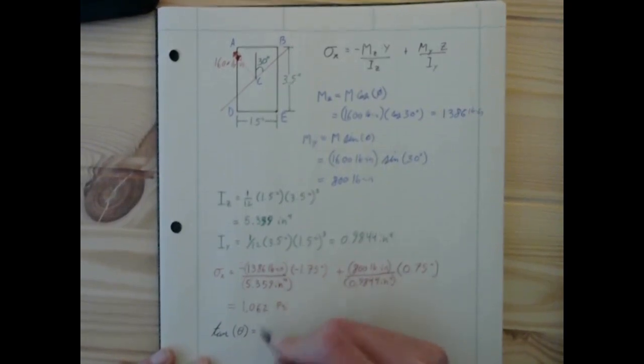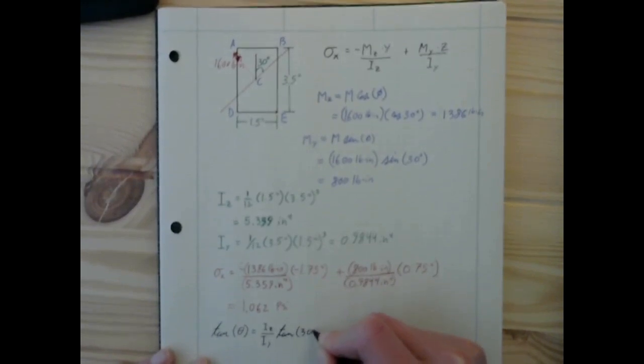I don't really care about y over z. I care about it being I of z over I of y, times the tangent of 30 degrees. I guess I should have put a phi there, right? Oh well.